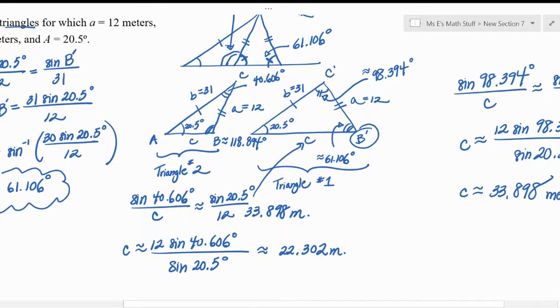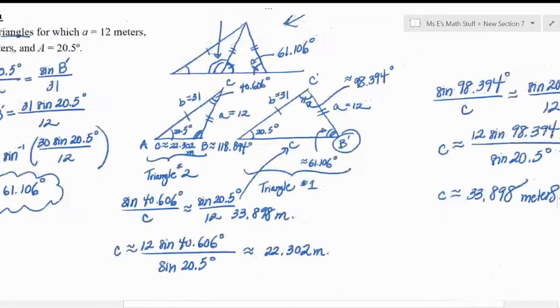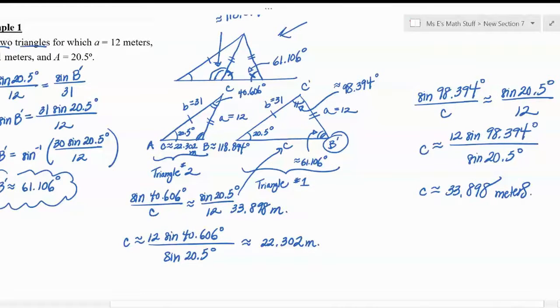All right, and then I'll just go in and label it on the picture. There we go.